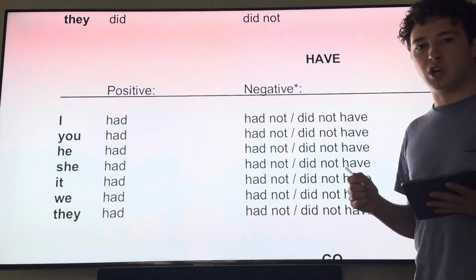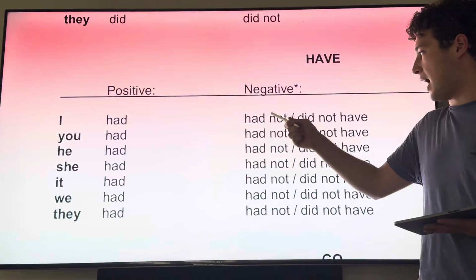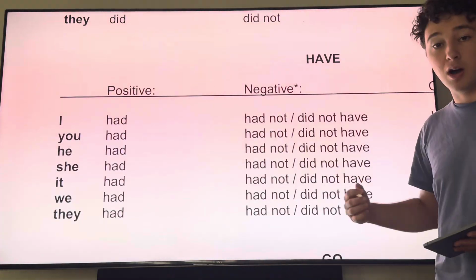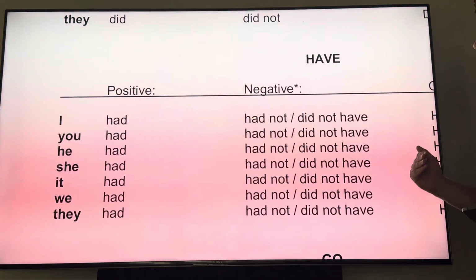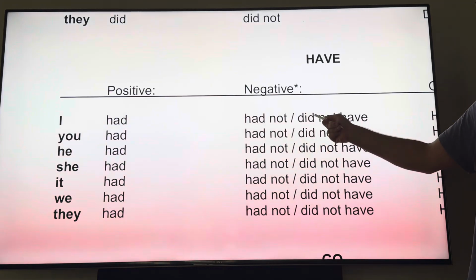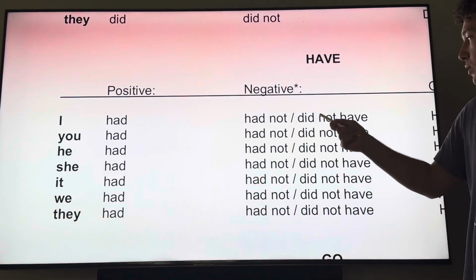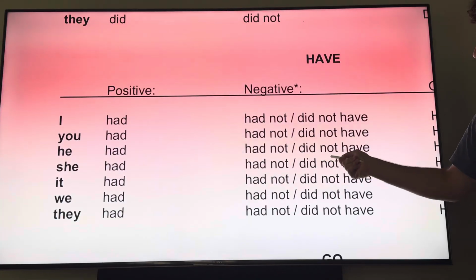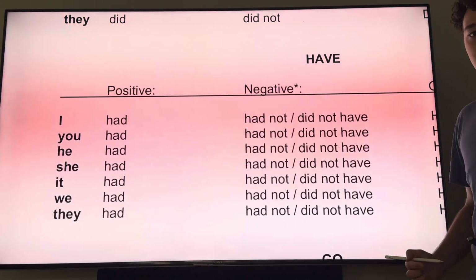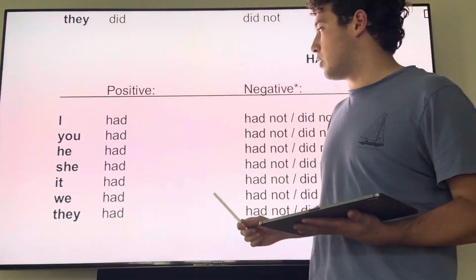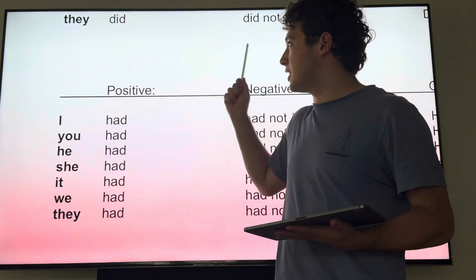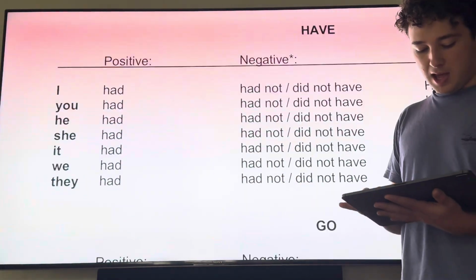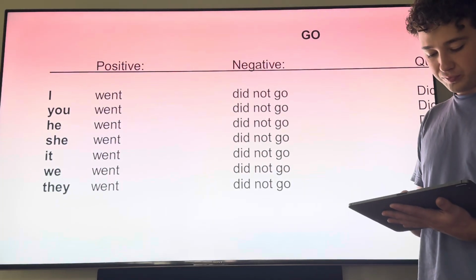So in certain formal times, you could say, I had not, you had not, she had not, etc. But most of the time, you'll say, I did not have, you did not have, she did not have, he did not have, and continues. However, the most important thing to know here is that all of them, just like in do, are the same as had.